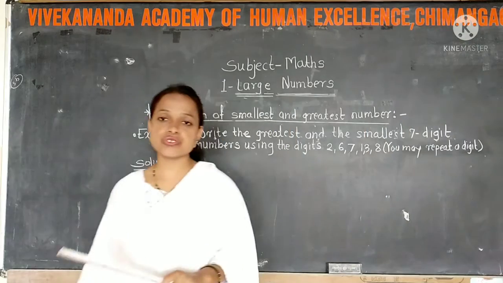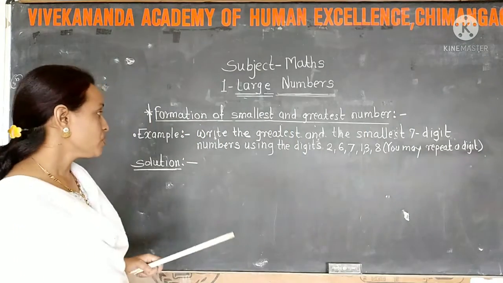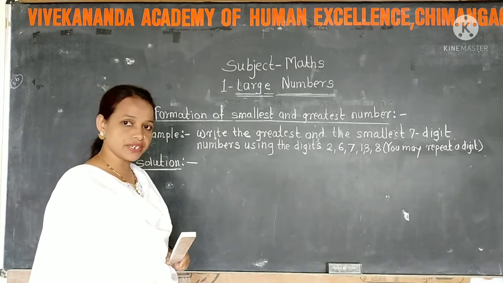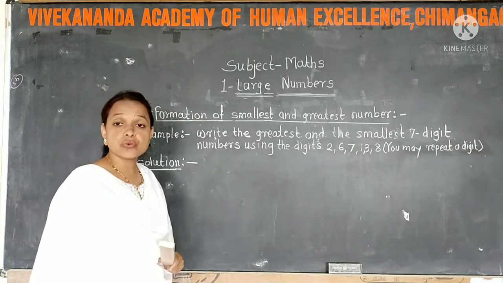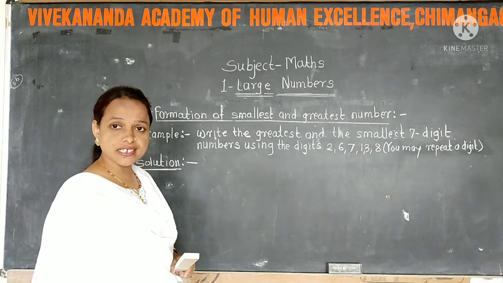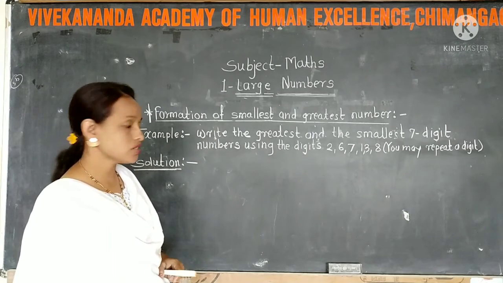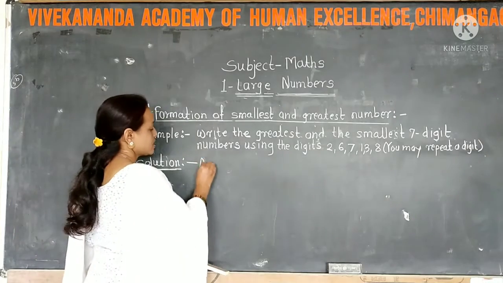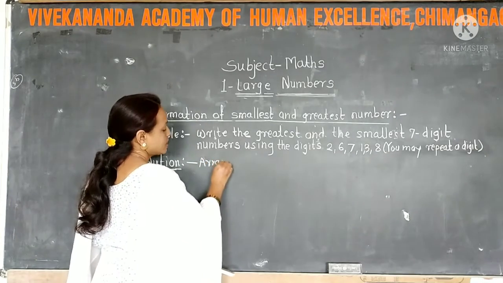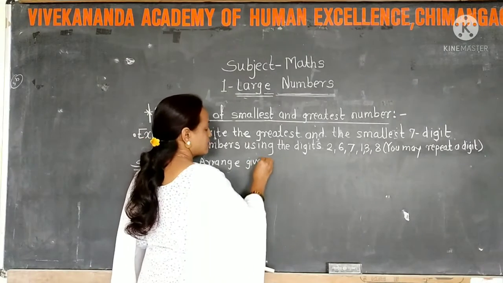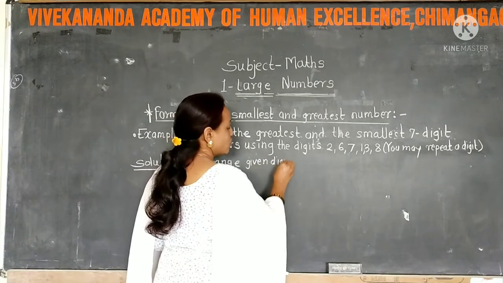So let's see the solution. First of all, we will write the greatest 7-digit number. To form it, we have to arrange the given digits in descending order.